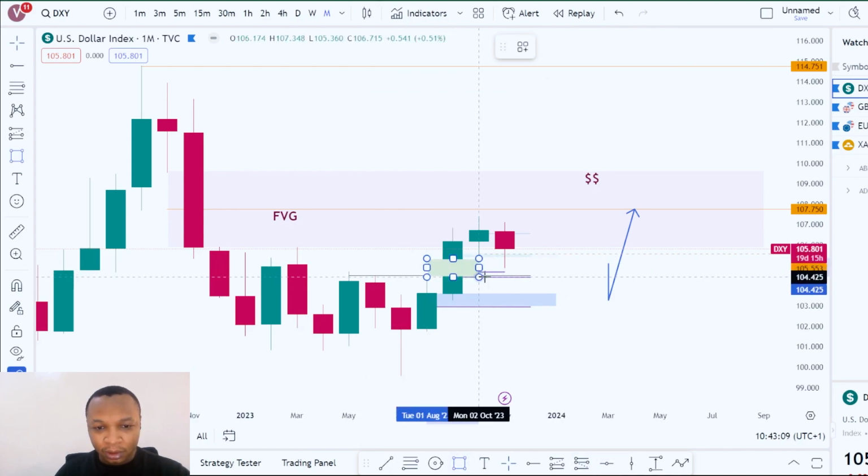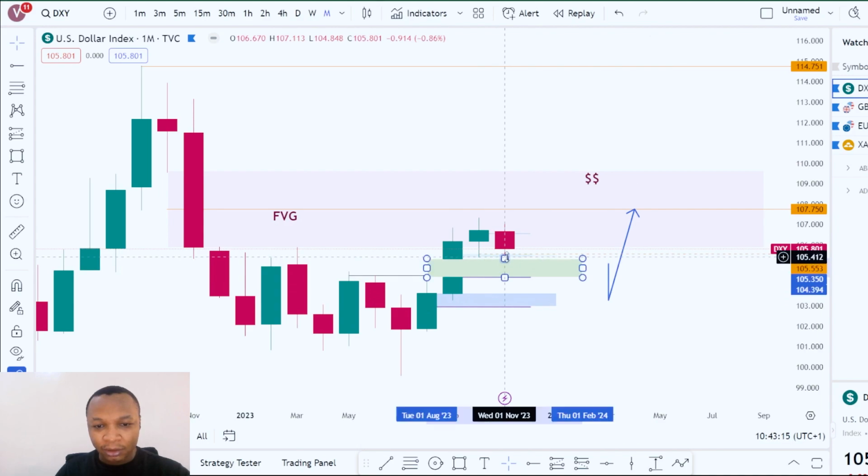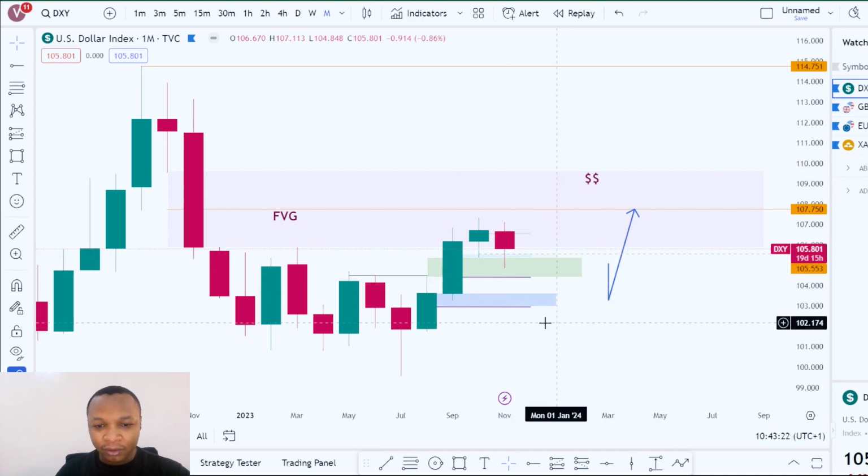So we saw how the dollar created a fair value gap and had not traded into it until this month. You can see how the dollar traded into this fair value gap this month, and this is what is causing the reversal in the dollar.